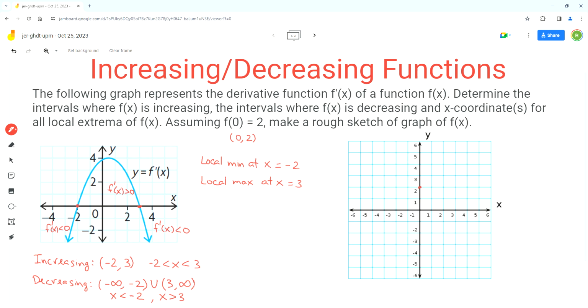There is a local minimum at x equals -2, and between -2 and 3 the graph is increasing. So we want to show the local minimum below the point (0, 2), so that we can show the graph going up between -2 and 3 and passing through that y-intercept.